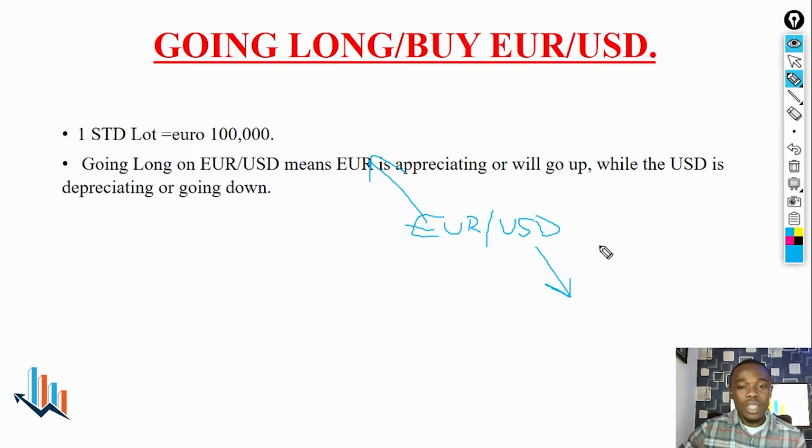So when we say we are buying a currency pair, the base currency will increase in rate and be strengthened, and the quote currency will weaken. We are anticipating the Euro going up and the US dollar going down. This is what we mean by going long on this pair.